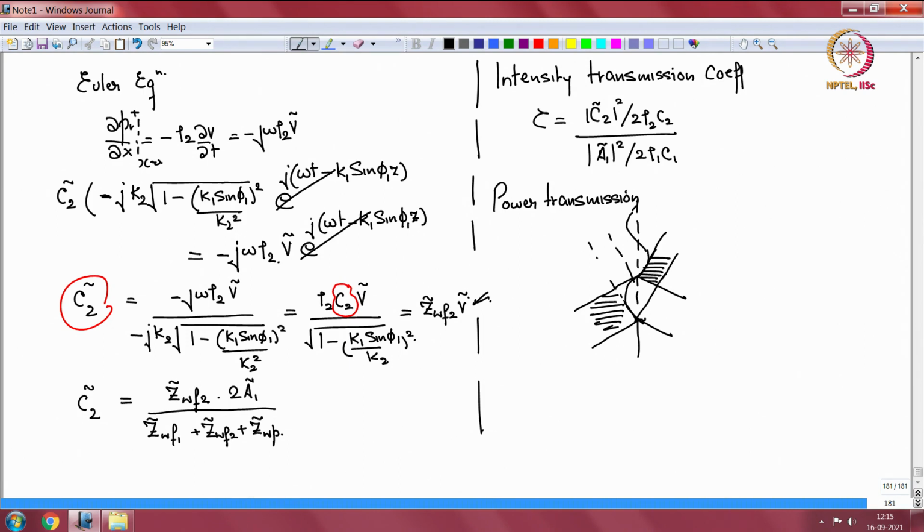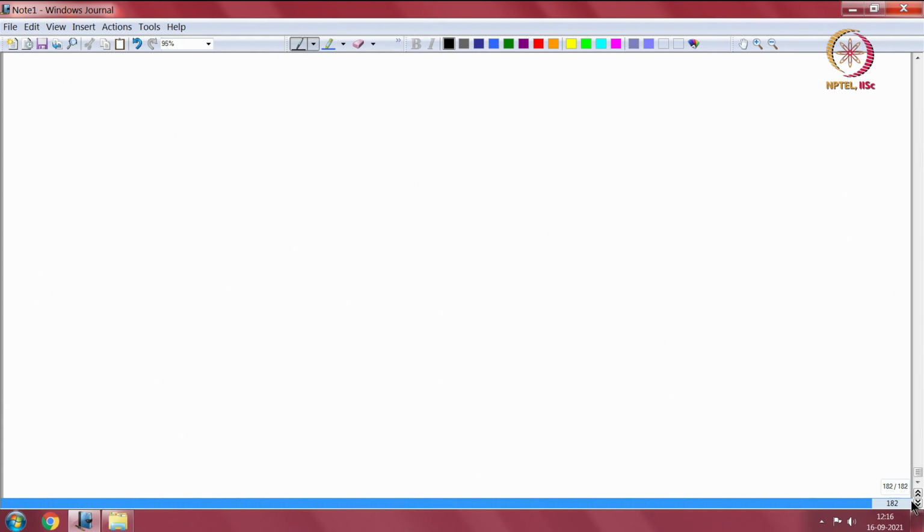The beam that is working on half cell of a panel, this beam works on half cell of the panel, so the widths are different. So that width has to be brought in to account for the power transmission. So far as intensity transmission it's okay, but once you talk of power you have to bring that beam width in.